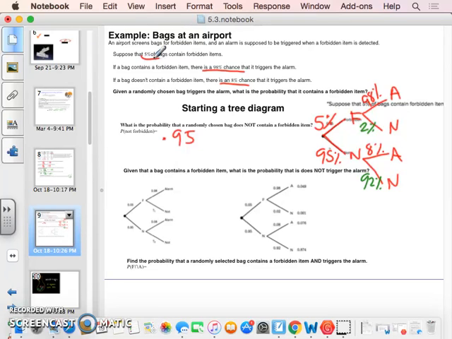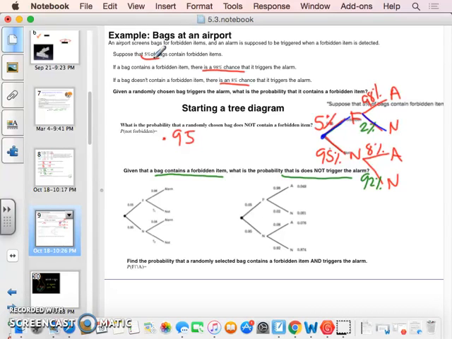So then, if we now want to know, given a bag contains a forbidden item, what's the probability that it does not trigger the alarm? We just multiply these two probabilities together. So given a bag contains a forbidden item, we're going to follow this path here. It has forbidden, but it does not trigger the alarm.